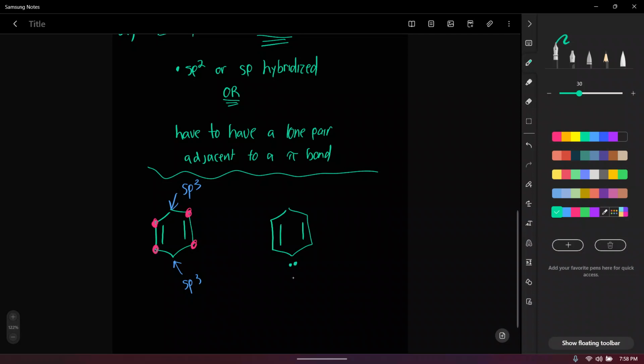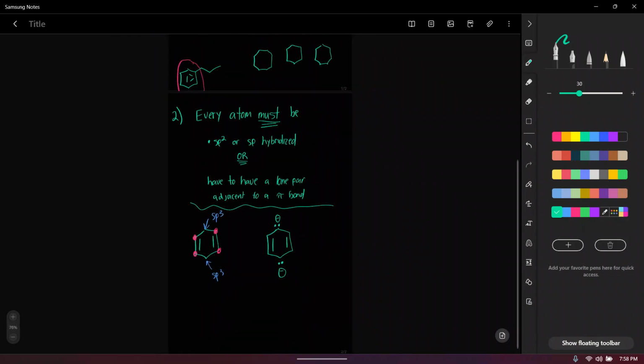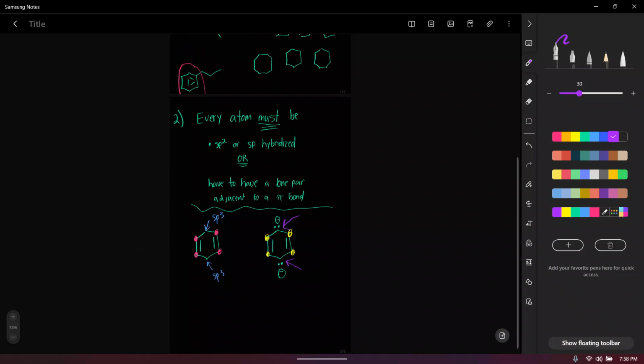So if I put a lone pair here, and I also put a lone pair here, then it would at least fit criteria number 2, because now every single atom is sp2. The yellow atoms are sp2 hybridized, and these purple atoms right there and there, technically those are sp3, but they have a lone pair that's adjacent to a pi bond.